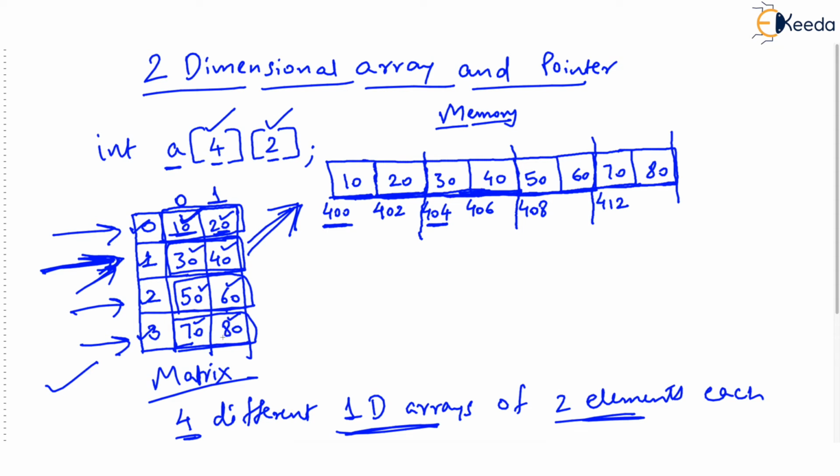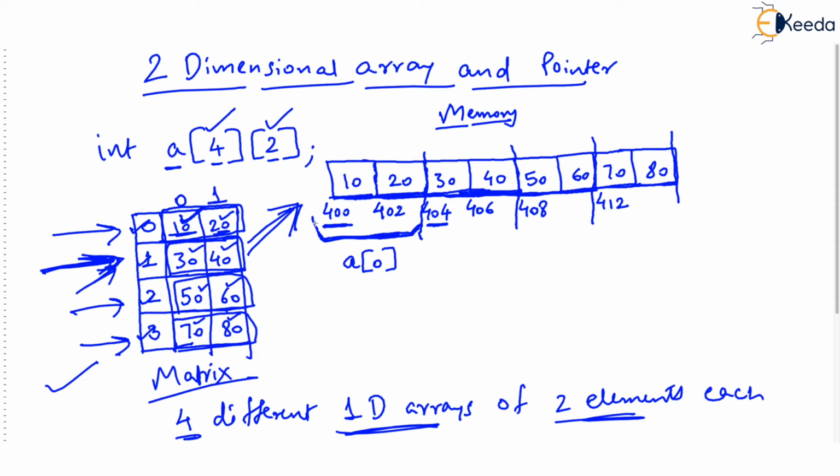Now one more thing. This entire block which I am marking, what is this? This is the values of row 0, 10 and 20. In fact, this represents row 0. If these values 10 and 20, that is 400 to 403, represent A[0], then this entire segment can be known as A[0].